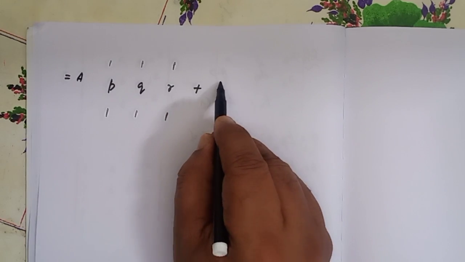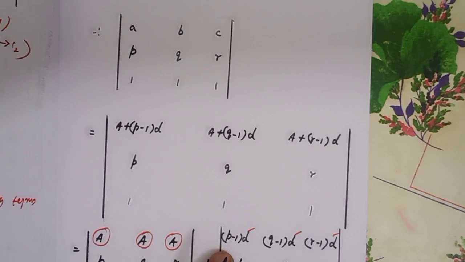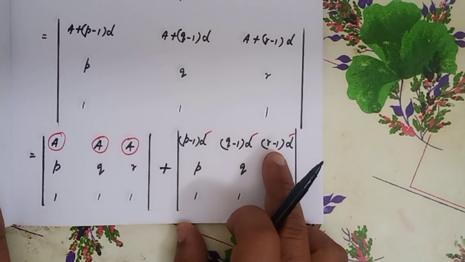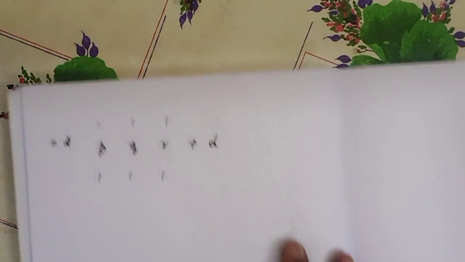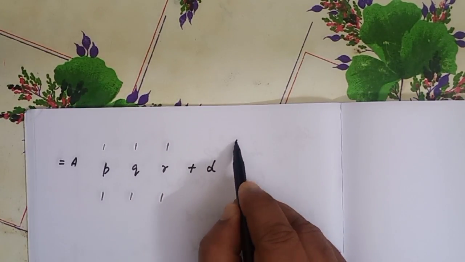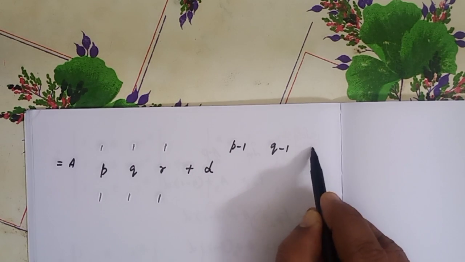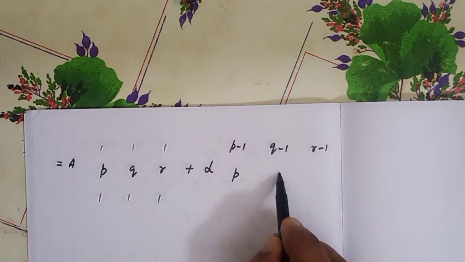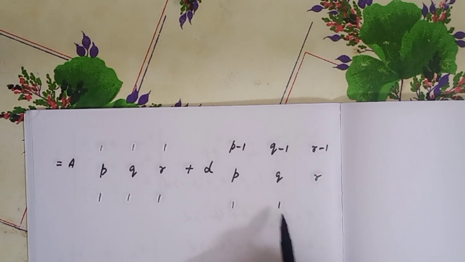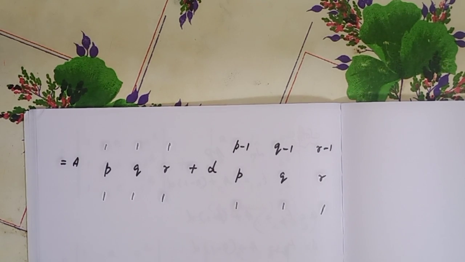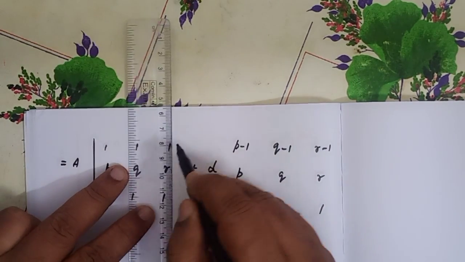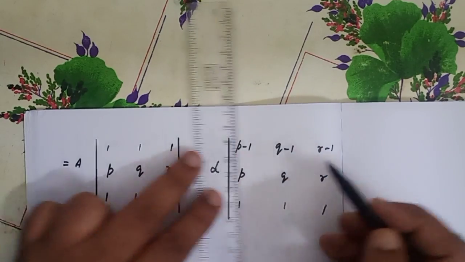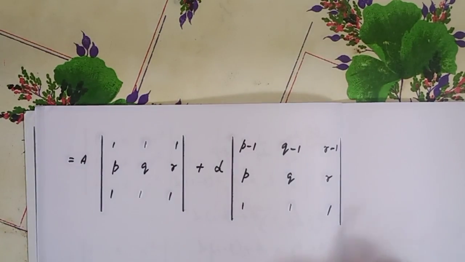In the second determinant, taking d as common, we have p minus 1, q minus 1, r minus 1; p, q, r; 1, 1, 1.